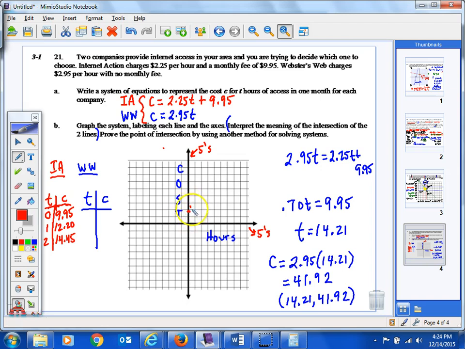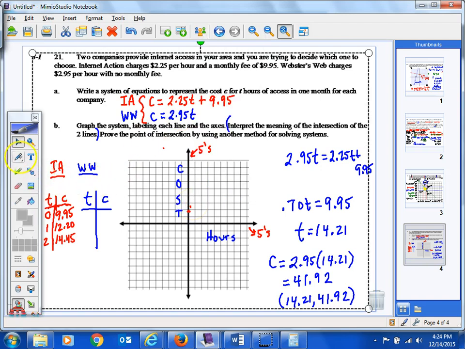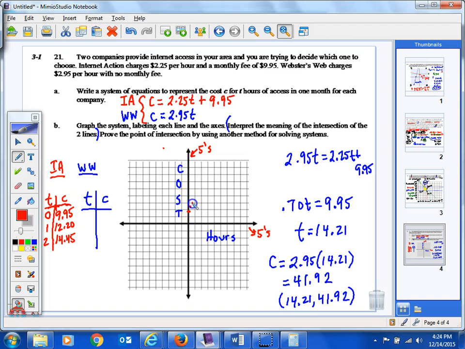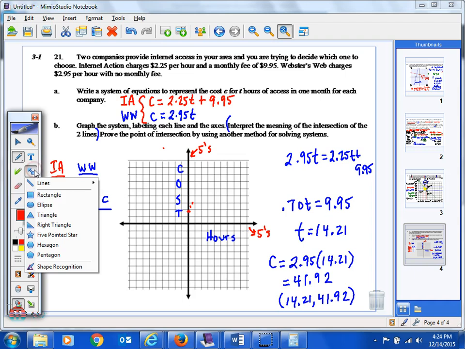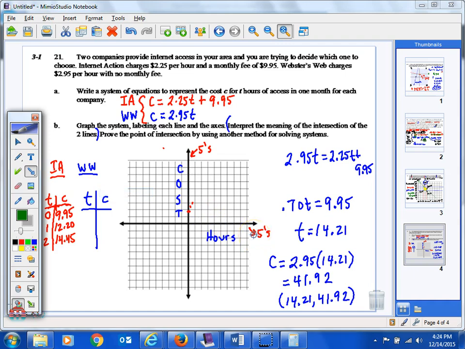And then I'm up a little bit above 10. 2, and just shy of 15. And let's connect these dots. Something like this. We'll just see if we're in the neighborhood.